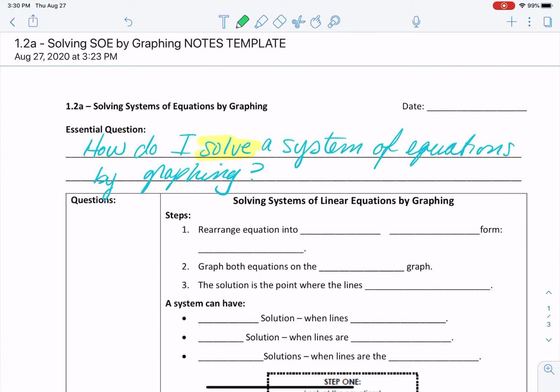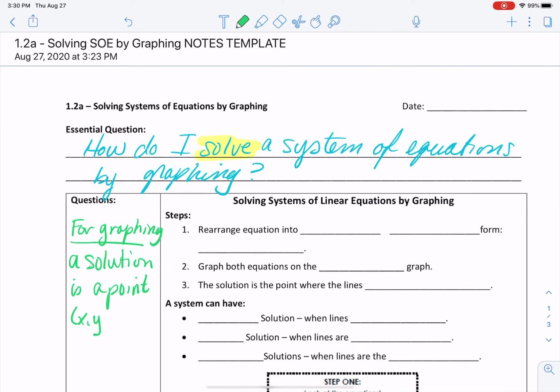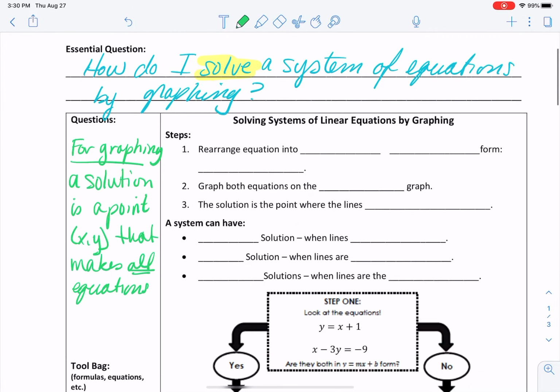A solution for graphing is a point (x, y) that makes all equations in the system true.